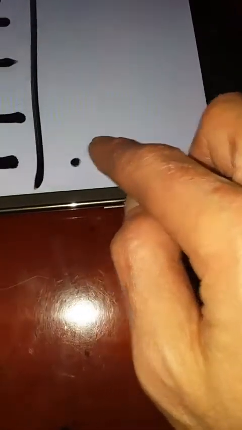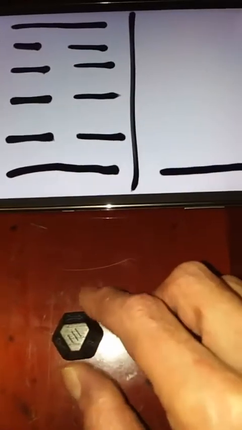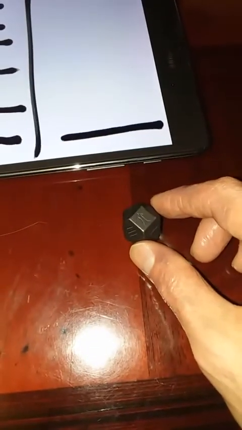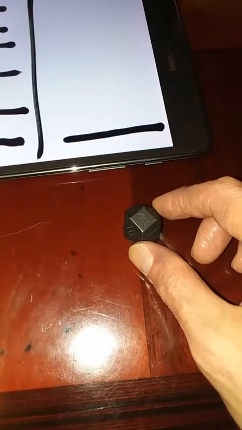So this is a 3, and a yang is 3, so that one stays the same. Okay, roll it again. Okay, this is a 6.